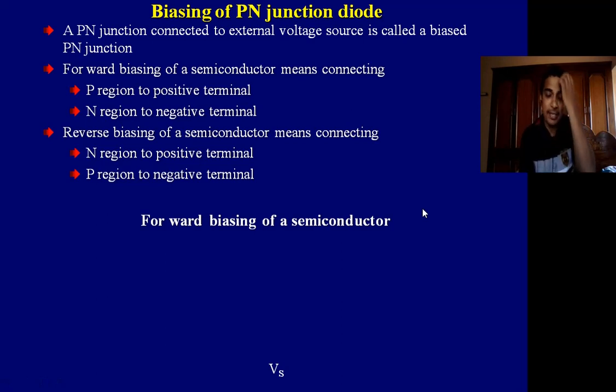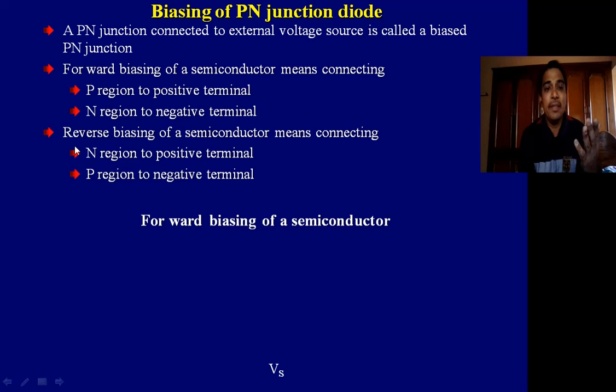What is biasing? We made the PN junction diode. Supplying some external voltage to the PN junction diode is called biasing. Biasing has two types: forward biasing and reverse biasing. If you connect the P region of the PN junction diode to the positive terminal of the DC supply, it is called forward biasing.